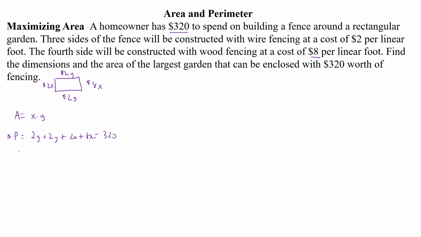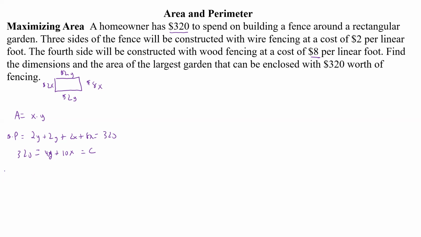Now let's simplify this. So 320 equals 4y plus 10x. That's going to be our cost, so we can label it as our cost. We don't have to at this point, but eventually we might want to.